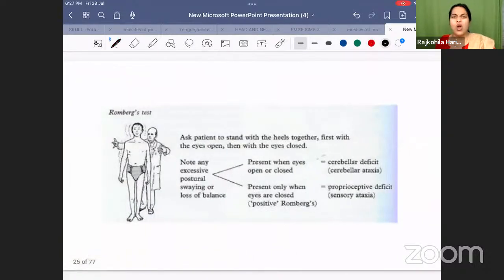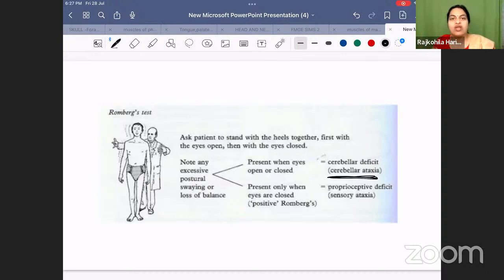And how to differentiate it from a cerebellar lesion? If it's a cerebellar lesion, even with eyes open there will be swaying of the trunk. Ataxia will be present even with eyes open. In dorsal column, proprioception is lost, so the patient will present with swaying or difficulty in putting his foot.